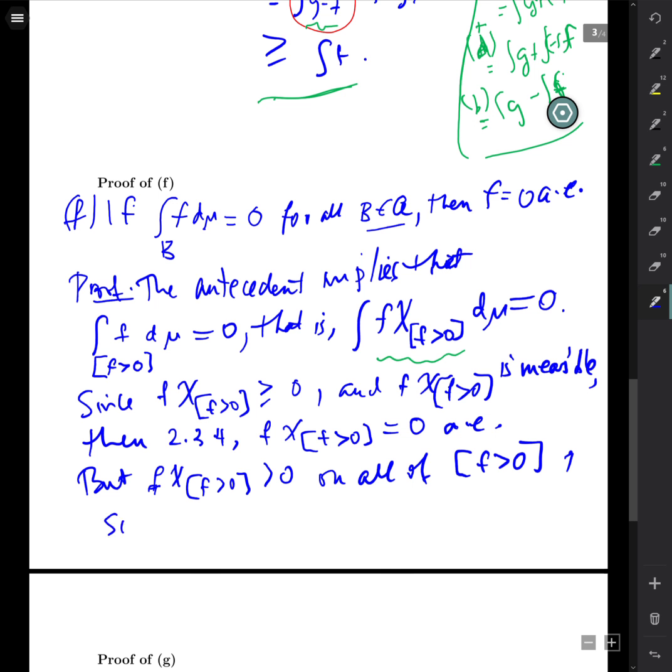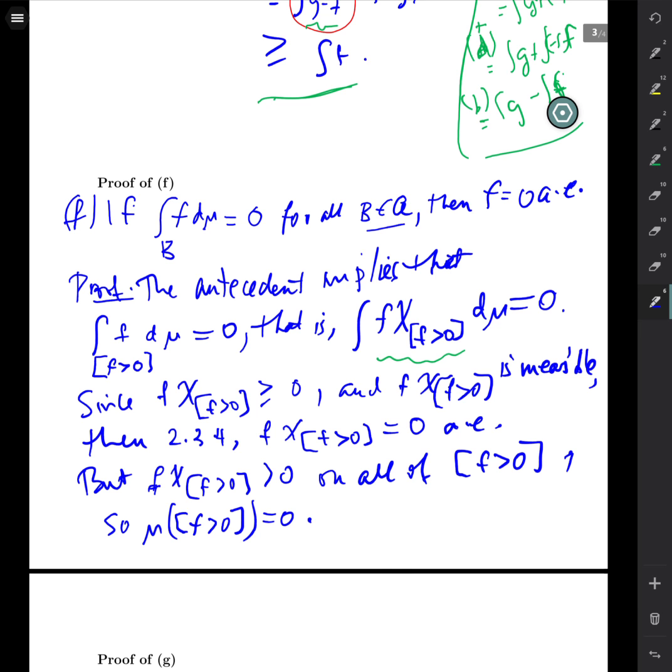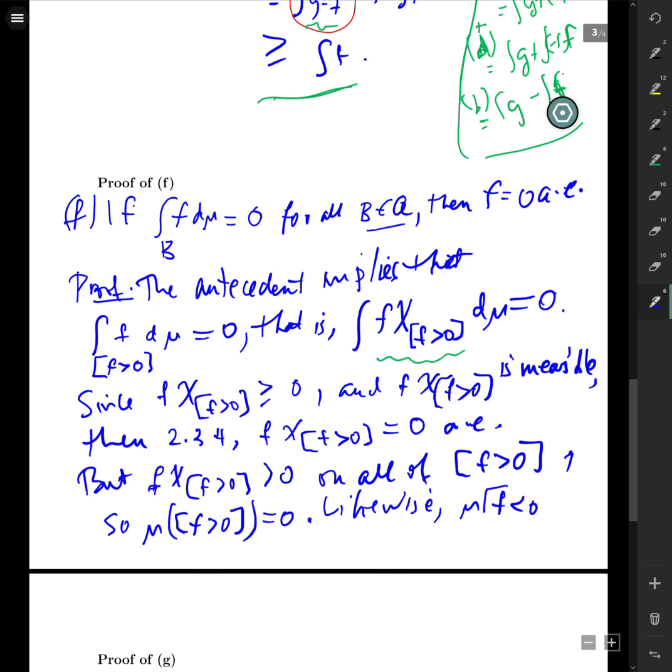So that means the measure of the set where f is greater than 0 is equal to 0. And a similar result, you have to use a negative sign in there, but a similar result, likewise, the measure of the set where f is less than 0 is equal to 0. So the measure of the set where f is not equal to 0, just being the union of those two, is equal to 0.